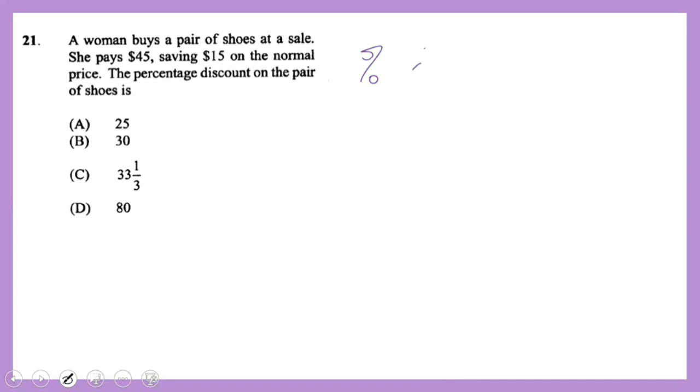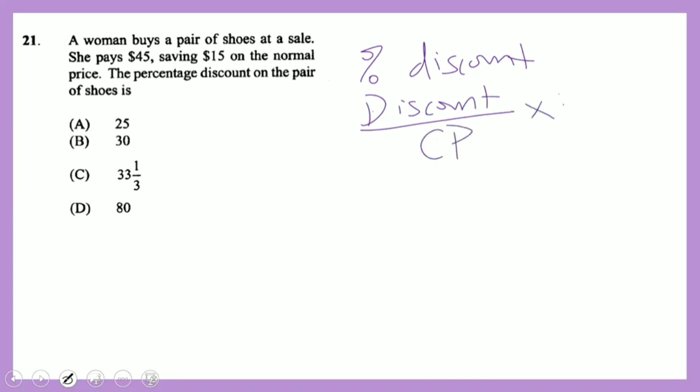In order to find the percentage discount, we need to write the discount as a fraction of what the original price was. Once we have that fraction, we multiply by 100 because we are trying to find the percentage discount, not just the discount. We already know the discount. So here we go. What is the discount? $15. It says saving $15.